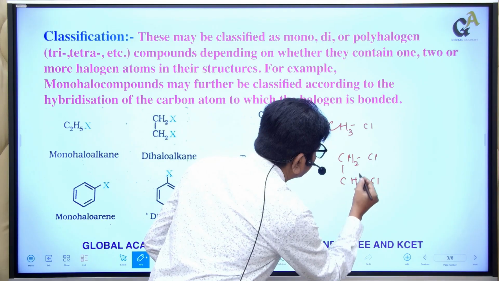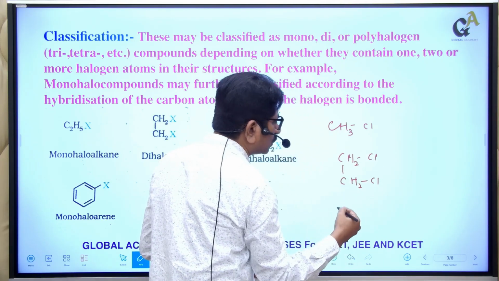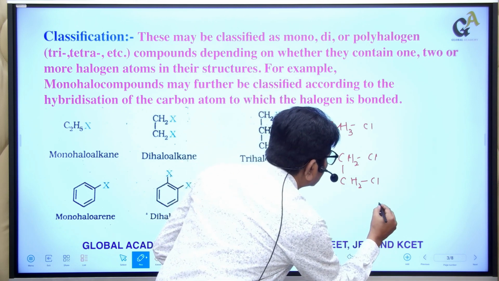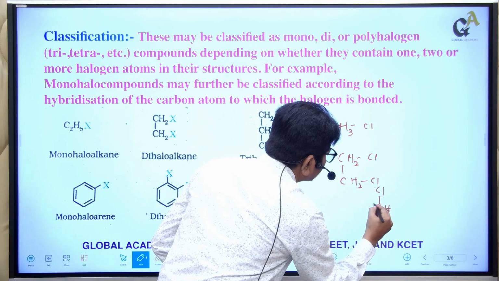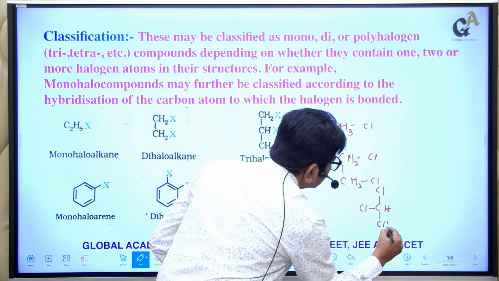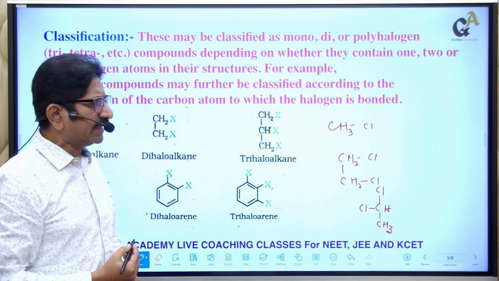Here, the two halogens are not necessarily on different carbons. They can also be on a single carbon, and we can write like this: CHCl2 and CH3. So this is also called dichloroethane.